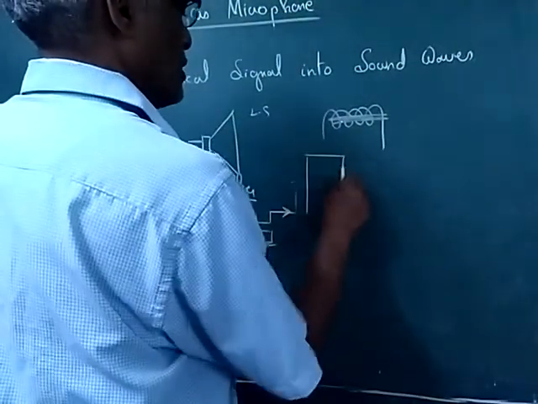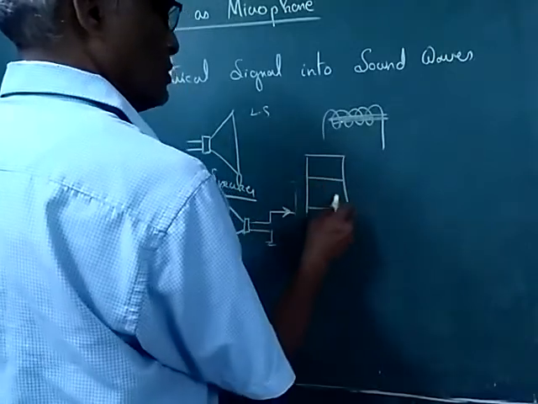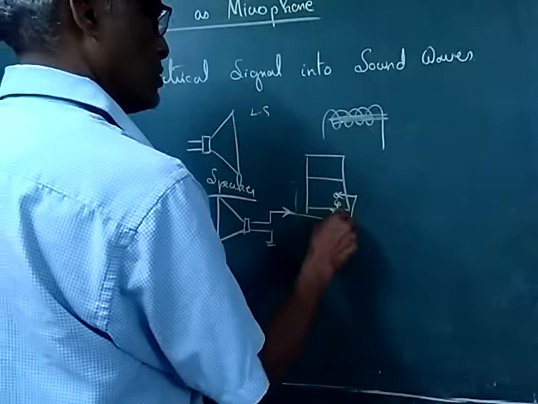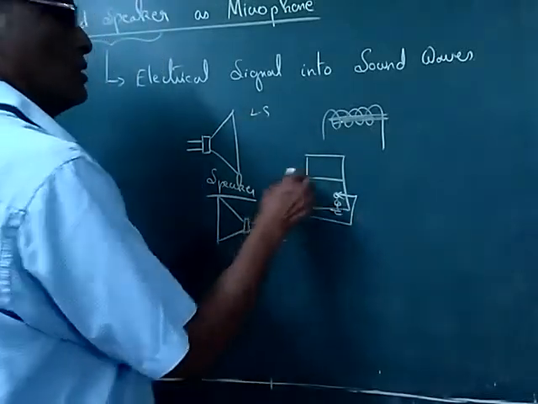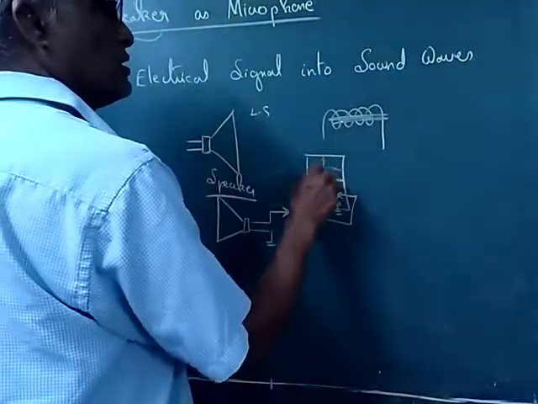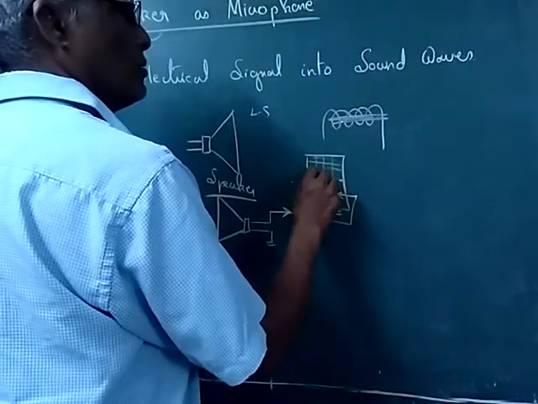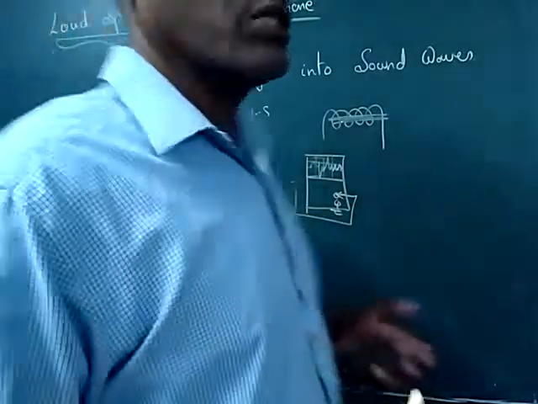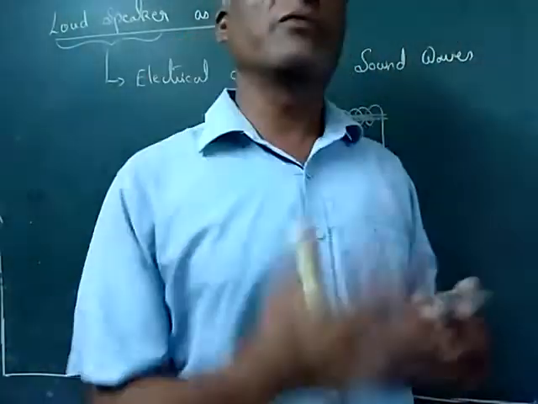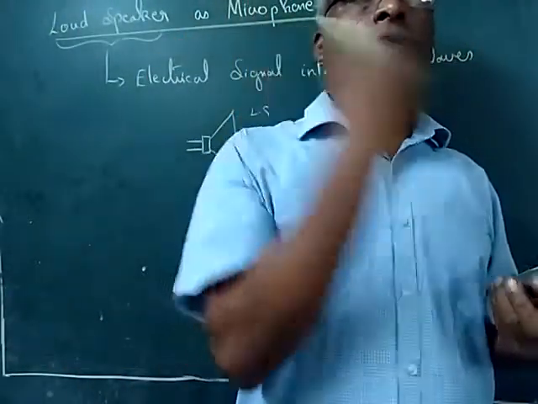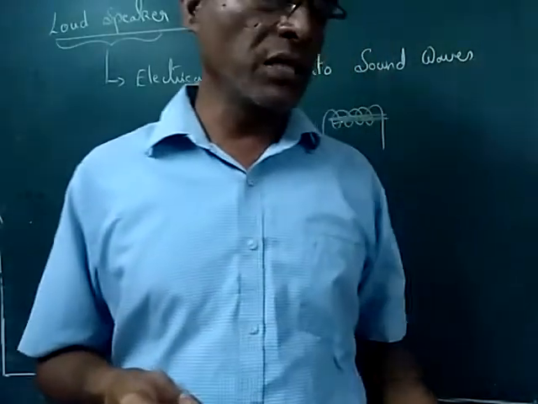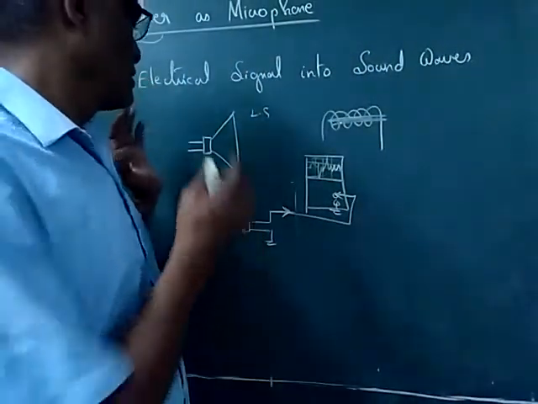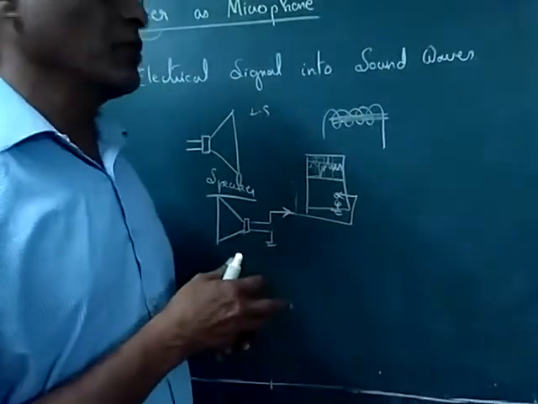You give it to the CRO, and this is grounded, these two points. Now you can see the variations in the CRO according to the sound signal. So this confirms that sound waves are converted into electrical energy. Therefore a speaker can be used as a microphone.